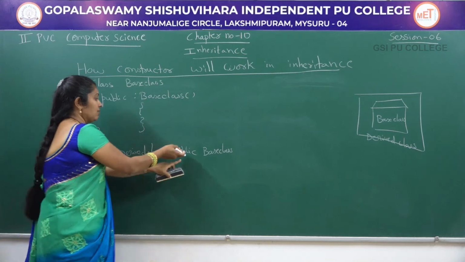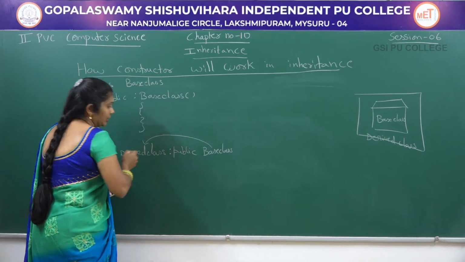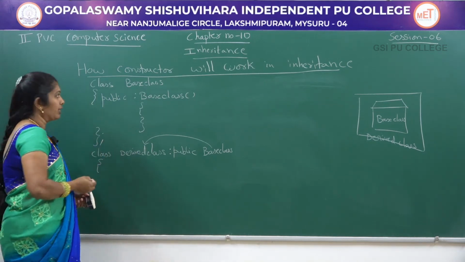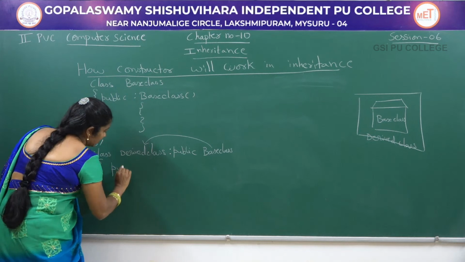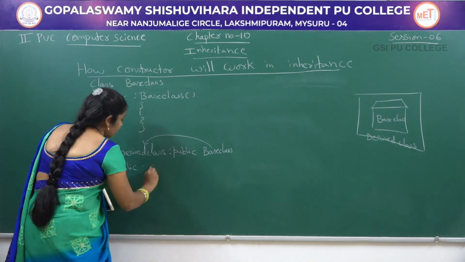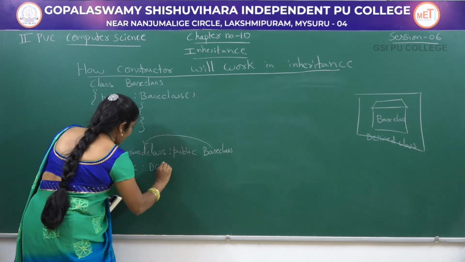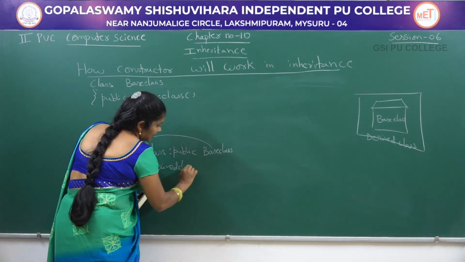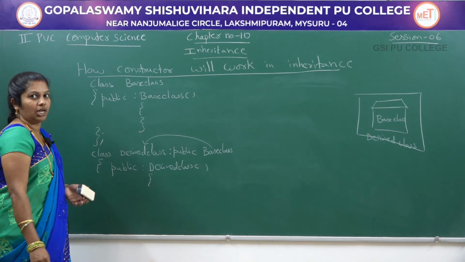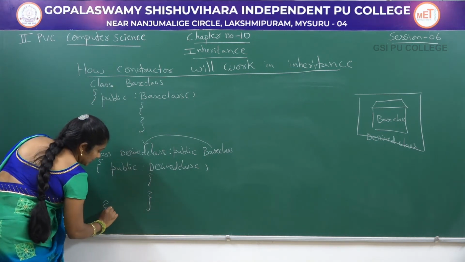It means that once I write public, the properties of the base class are transferred to the derived class. Here I am going to write one more constructor, and here also you have to write public only, derived class function. Then whatever variable initialization you want you can initialize, then here close this class.